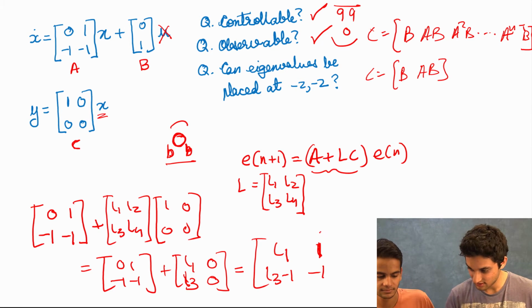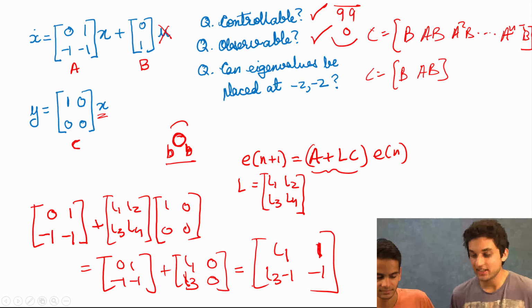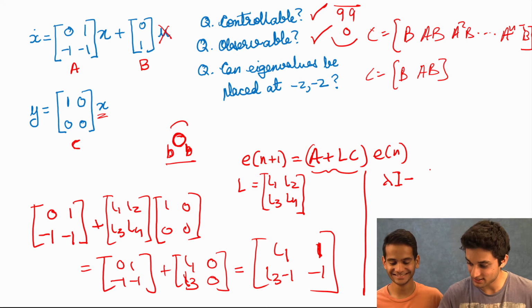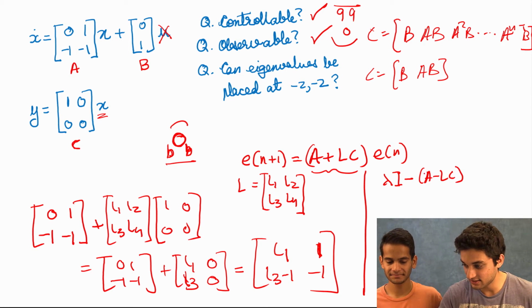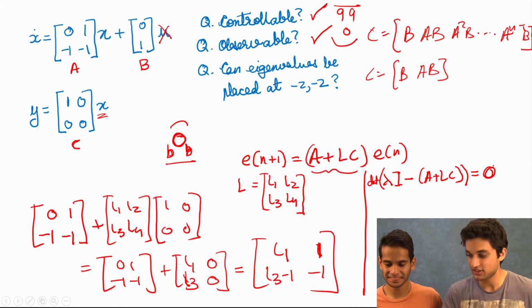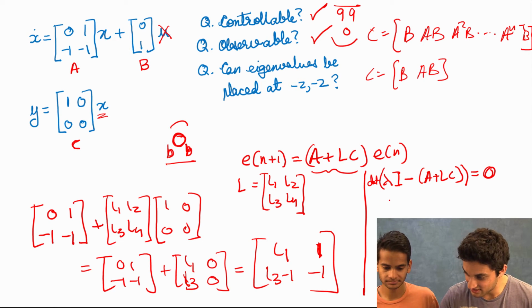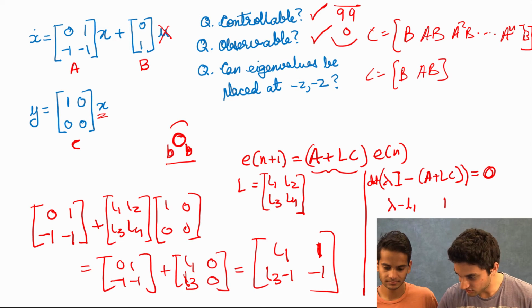That looks like a 6. So in order to place the eigenvalues, we're going to look at the characteristic equation: the determinant of lambda I minus (A plus LC). A plus LC, sorry, this is me getting confused with the other convention. This whole thing is equal to 0. So that becomes the determinant of lambda minus L1, 1, L3 minus 1, lambda plus 1.